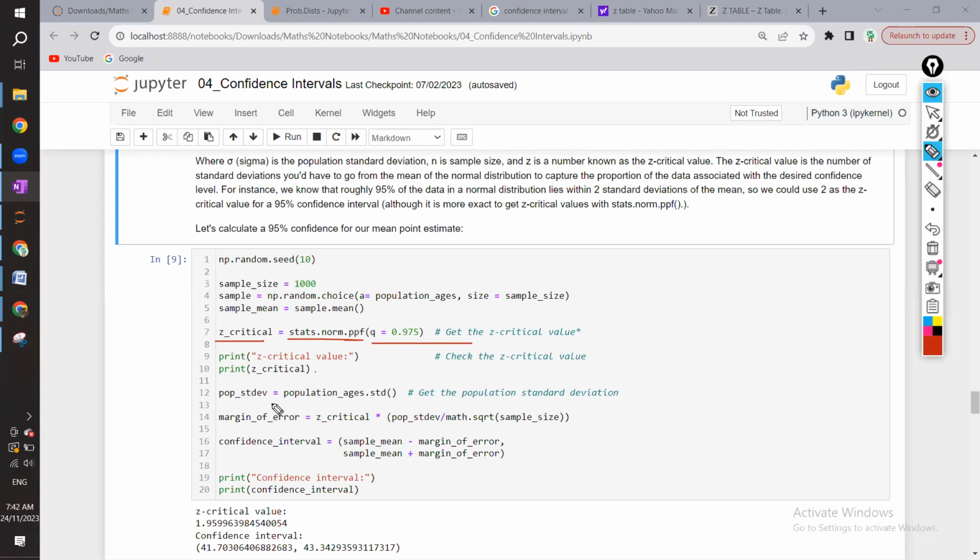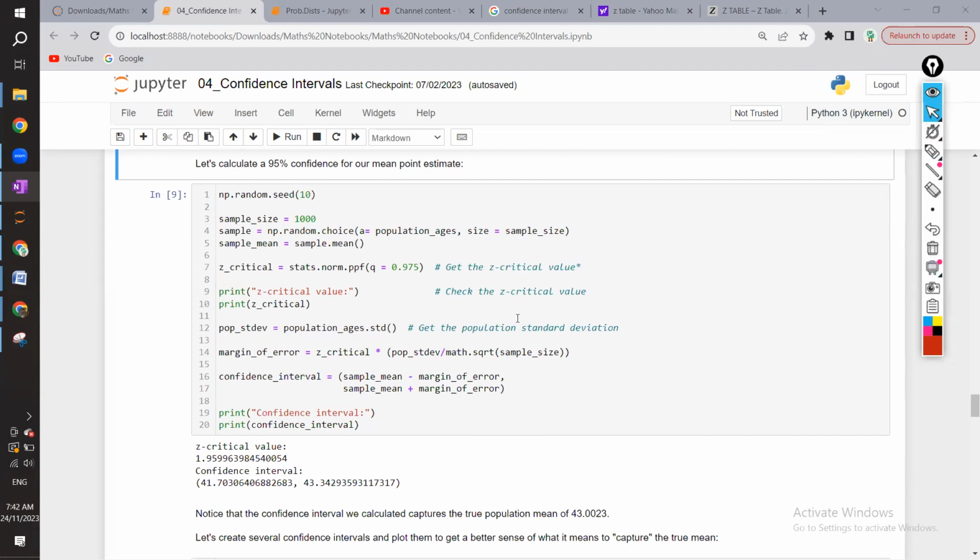And now also, what is the formula which we have? The formula which we have is this one: x bar plus or minus margin of error. The actual formula is x bar plus or minus margin of error.